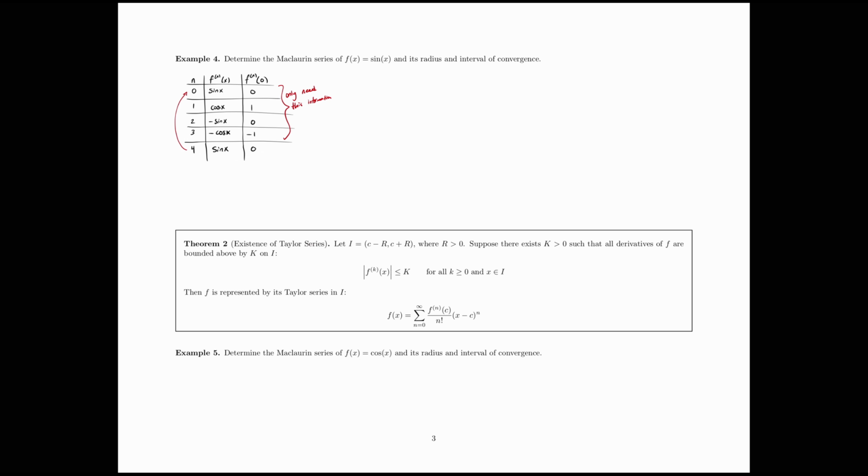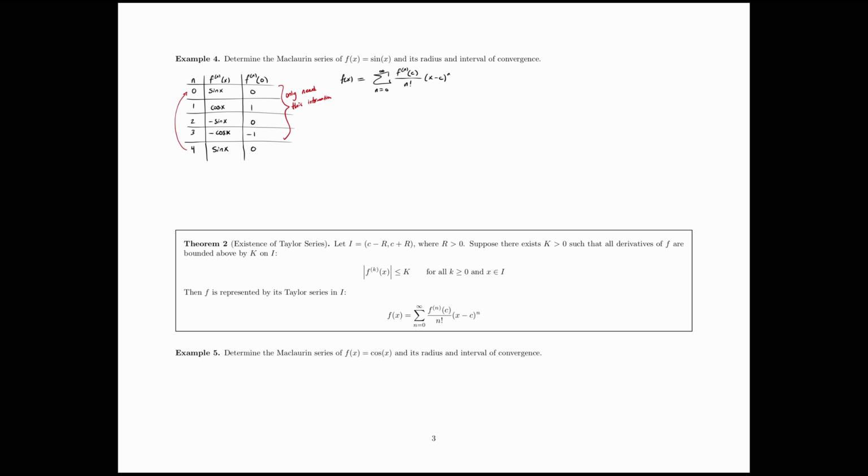Okay. Because of that, our series is fairly easy to write down. We know that a Maclaurin series is the series from n equals 0 to infinity of the nth derivative at our center over n factorial times x minus our center to the n, because it's technically the Taylor series.